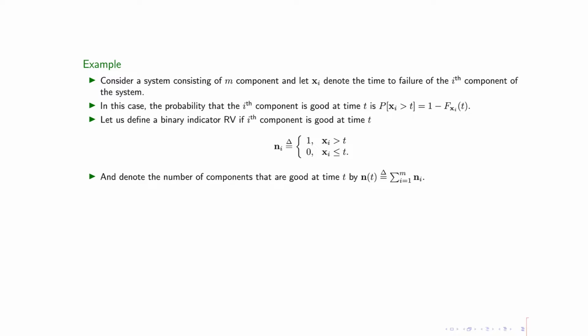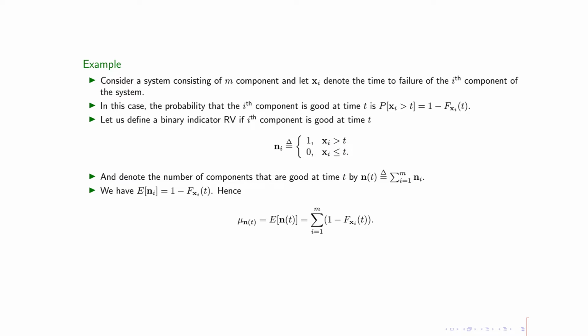We denote the number of components that are good at time t. Each ni is an indicator random variable, which indicates whether the ith component is working at time t or not. If it is 1, that means it is operating at time t, and if not, 0. So the number of working components in this system is just the sum of those which are working.